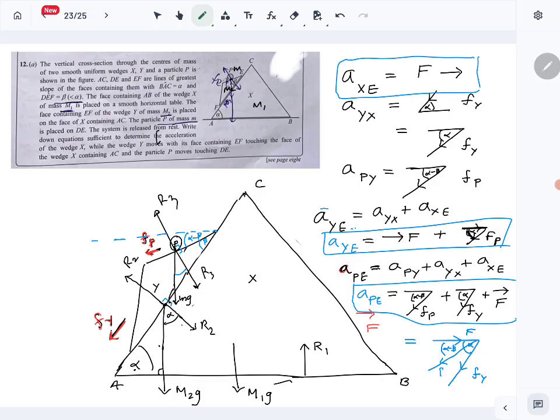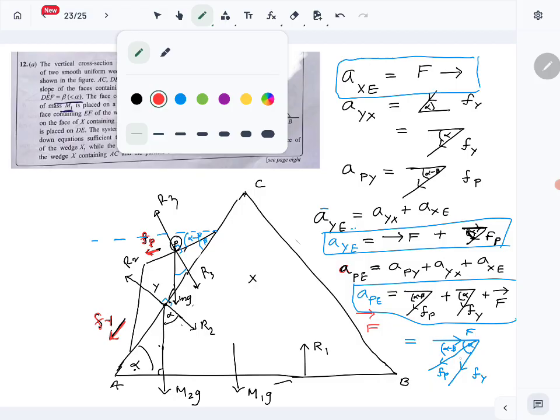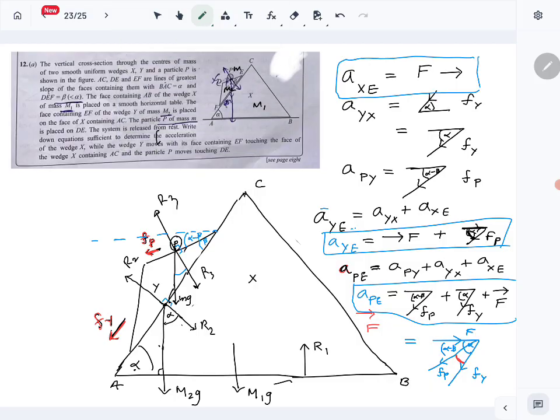This is Fp. So then what is the angle Fp makes with Fy? Big angle is alpha, small angle is alpha minus beta, so then this angle has to be beta, right?